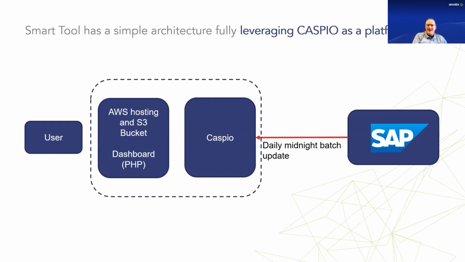I think you can do it out of the box today from Caspio directly, but what you're gonna see is mostly the dashboard deployed this way. Importantly, one of the things that made this tool sustainable is that it integrated with some of their current systems, specifically with SAP.